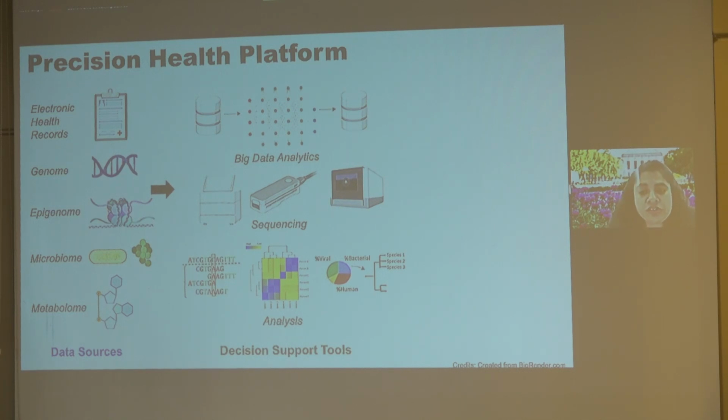And the lot of data generated here, if we try to collect all this cumulative data, just to give a perspective: Facebook probably collects a gigabyte per user, but a human genome is 300 gigabytes, and if you do liquid biopsy, that's a terabyte of data. So the scale of data is huge here. How do we make meaningful analytics on it is a computational problem as well.